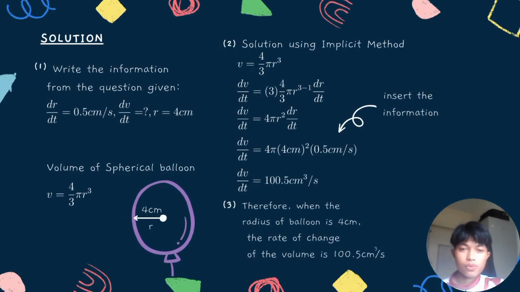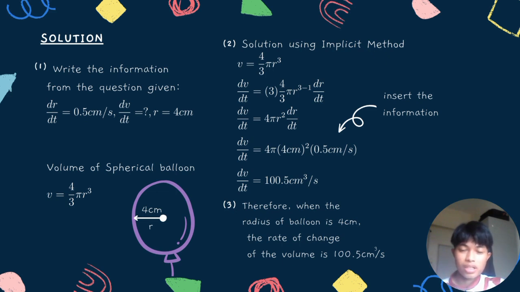The first thing we need to do is to write the information from the question before we get the solution. First is dr over dt, the rate at which the radius of the spherical balloon increases, which is 0.5 cm per second.